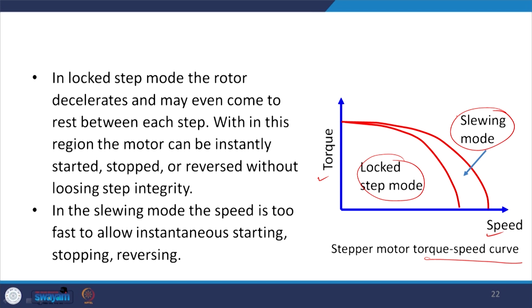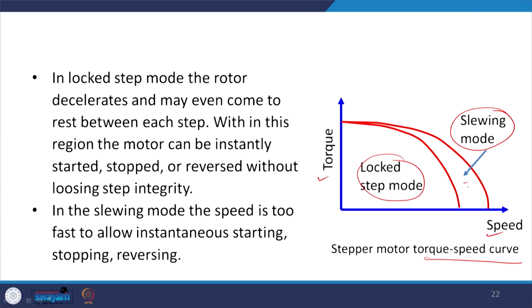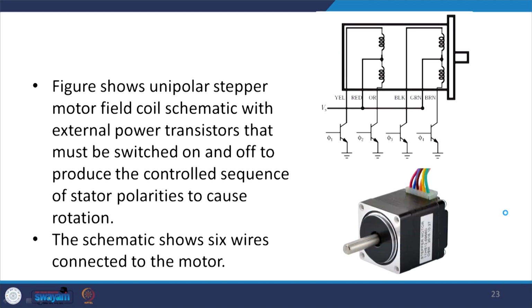Within this region the motor can be instantly stopped or reversed without losing step integrity. In the slewing mode, the speed is too fast to allow instantaneous starting, stopping and reversing, because this is obtained at a greater speed range. This is how a commercially available stepper motor looks.